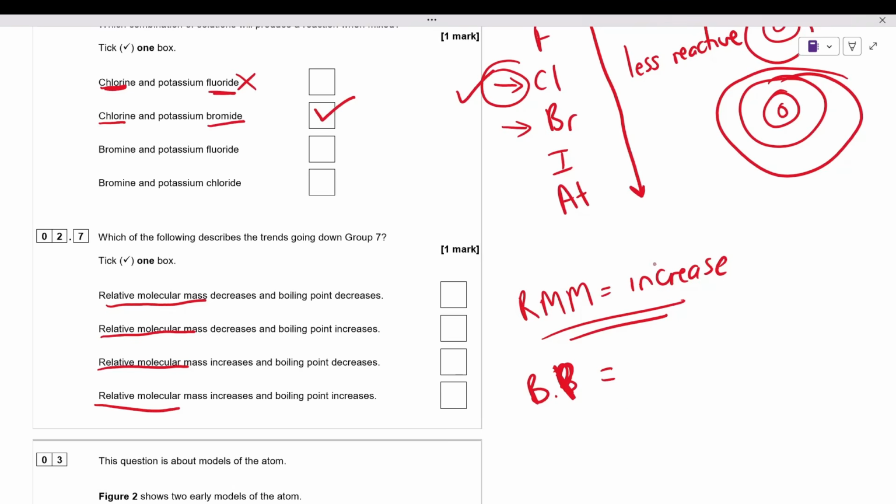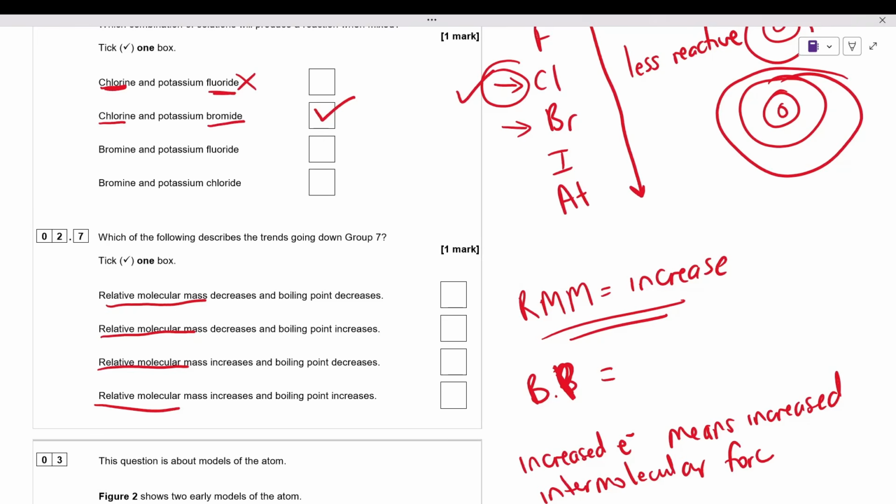We know that as we move down the group, electron density also increases. Increased electron density means increased intermolecular force. And if the intermolecular force increases as we go down the group, we're going to need more energy to actually melt or boil this structure.